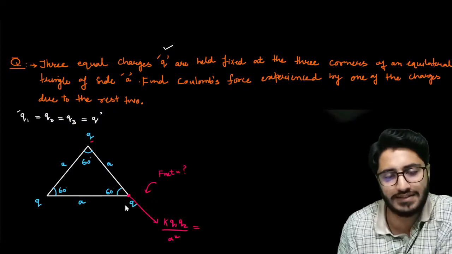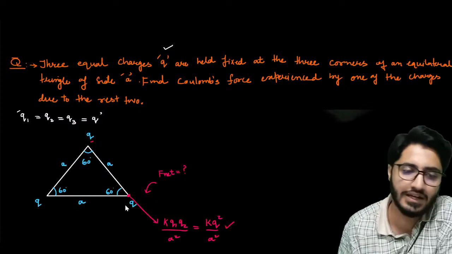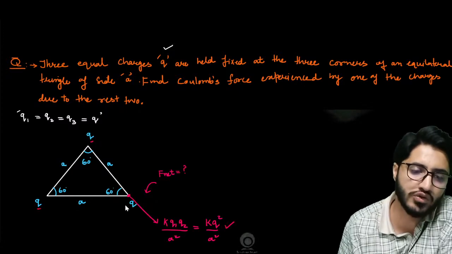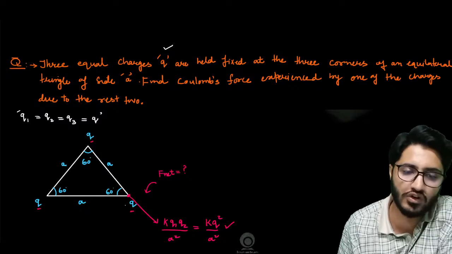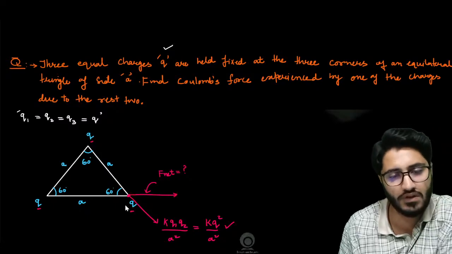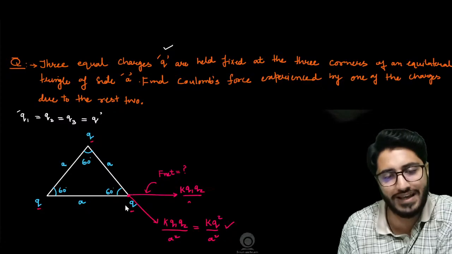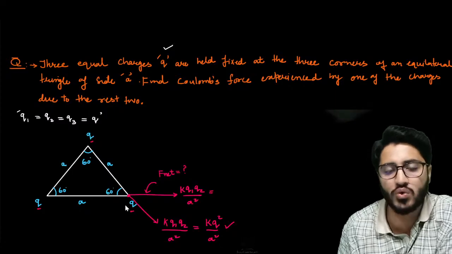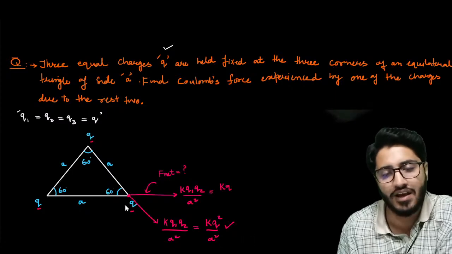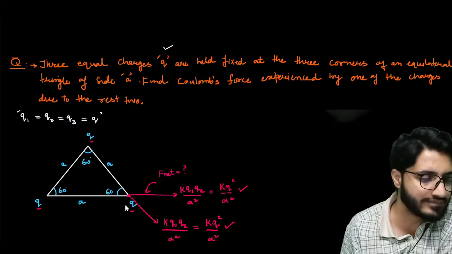Q1 and Q2 are the same, so I can write K Q square divided by A square. In the same way, this one is positive, so it will also repel this one.